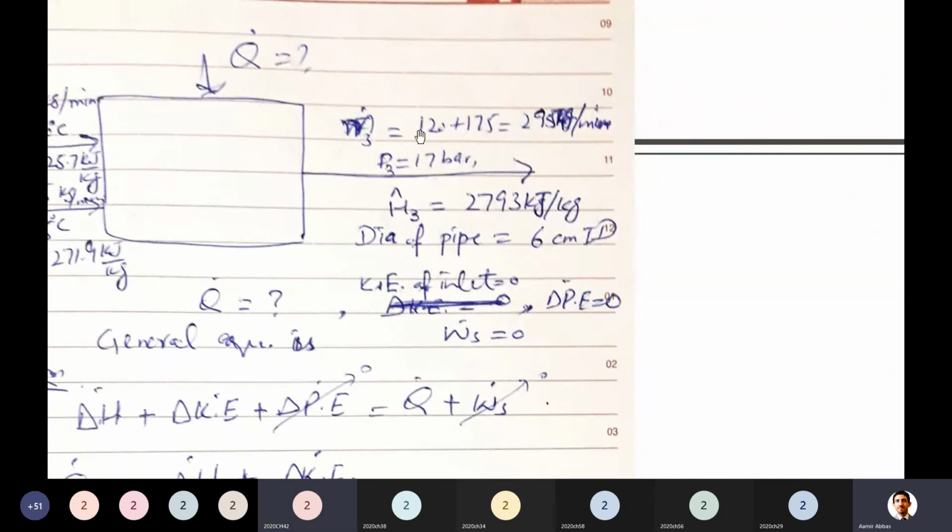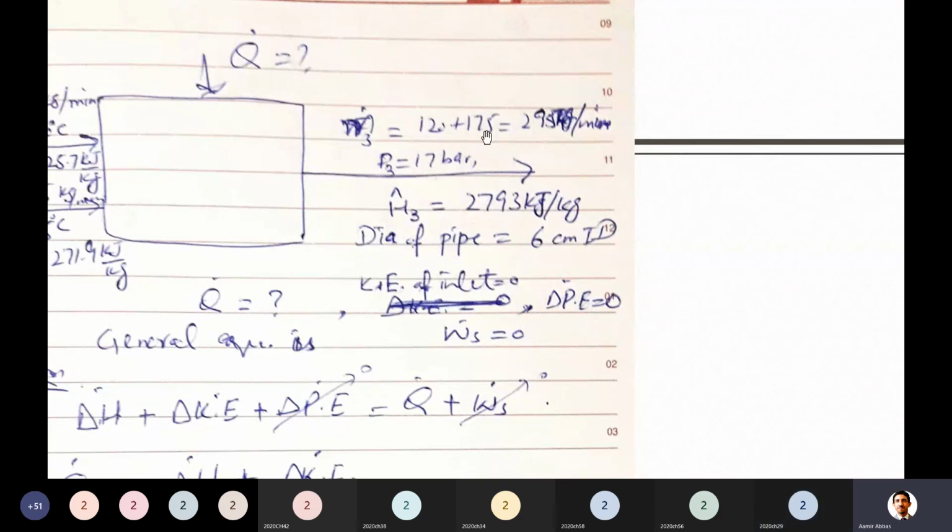Now look, can we find the volumetric flow rate here? I think you can find it somehow. You are given the mass flow rate, so what do you need here? Density, yes, and density you can find from somewhere very easily for this steam stream. So yes, we can find the volumetric flow rate. What about area?